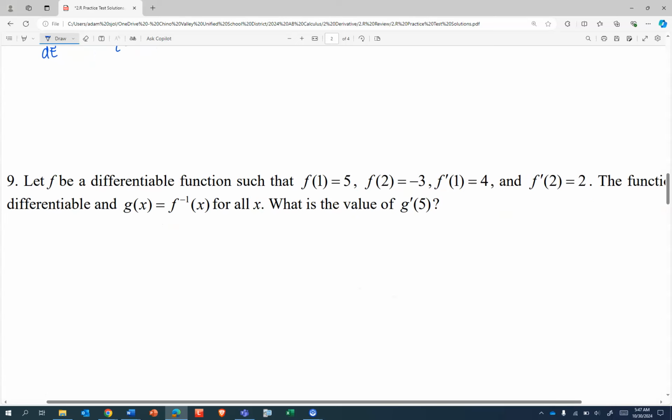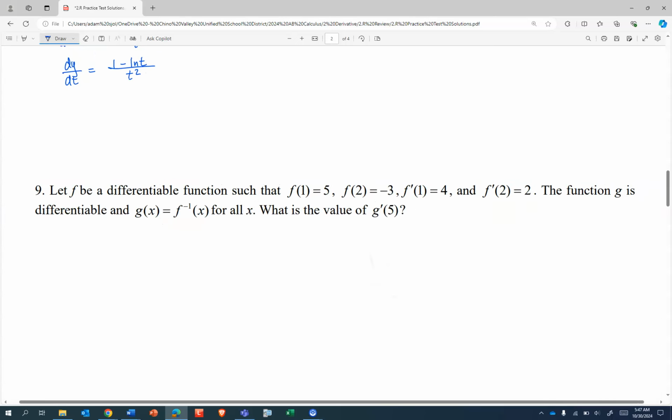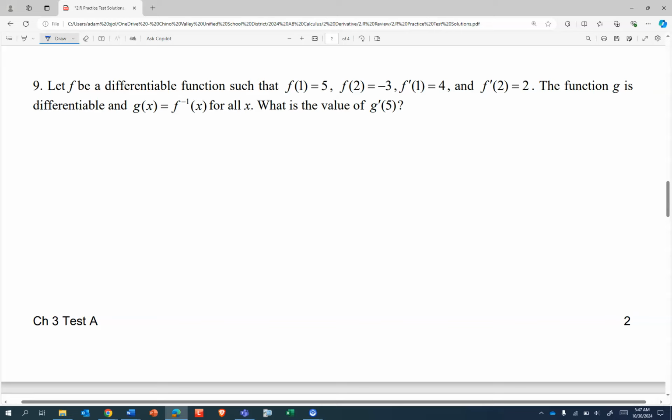We need to read a little bit more. Okay, let f be a differentiable function such that f of 1 is 5, f of 2 is negative 3, f prime of 1 is 4, f prime of 2 is 2. The function g is differentiable, and g and f are inverses. What is the value of g prime of 5? The first thing I'm going to do is figure out what g of 5 is.